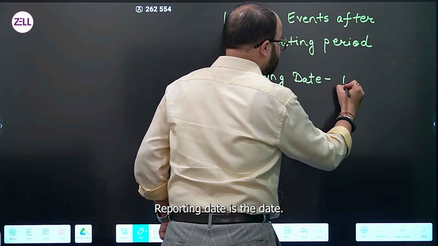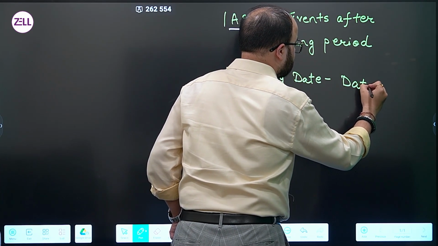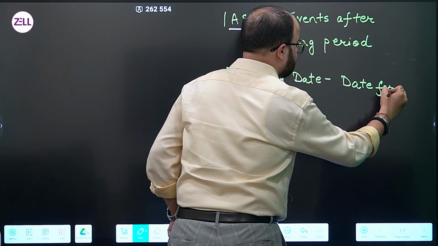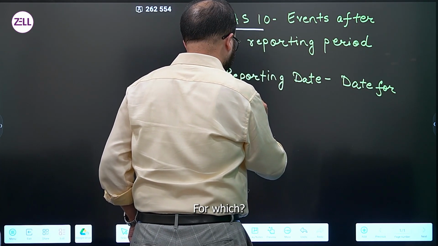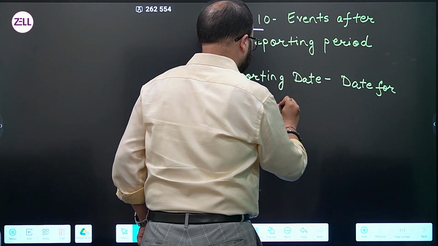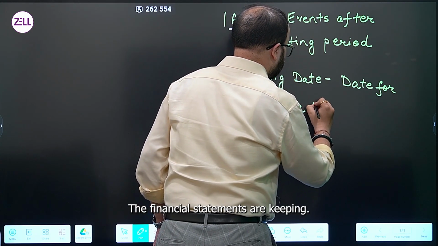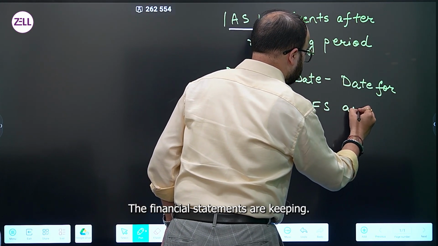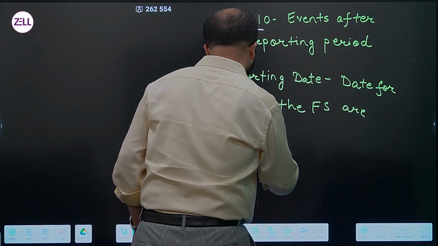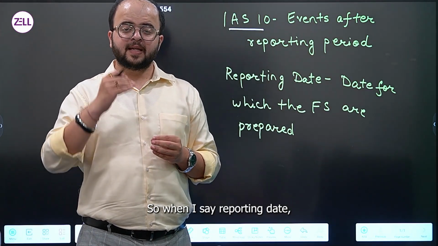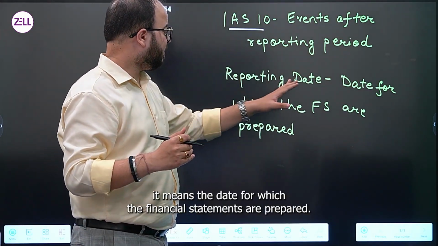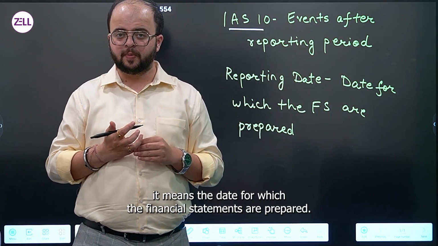Reporting date is the date for which the financial statements are prepared. So, when I say reporting date, it means the date for which the financial statements are prepared.